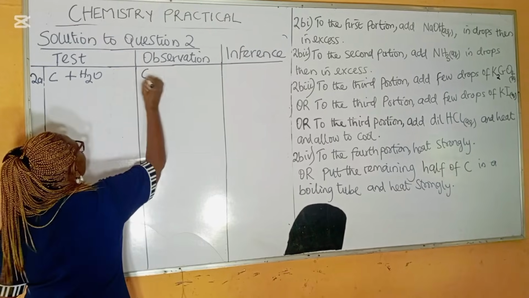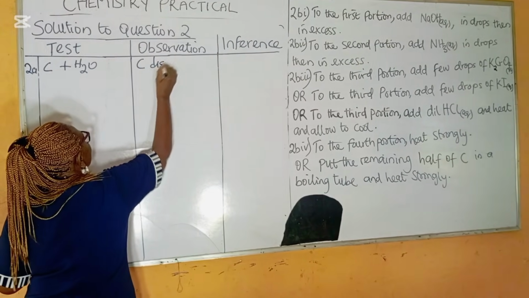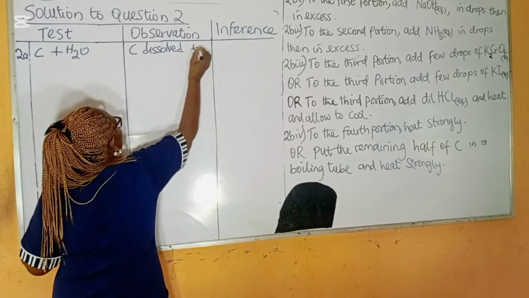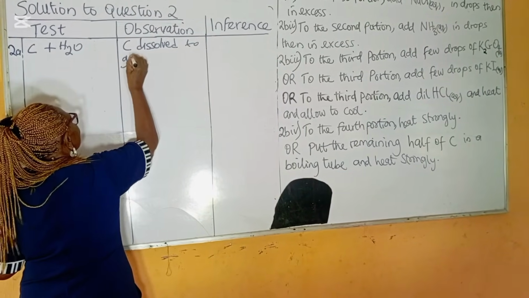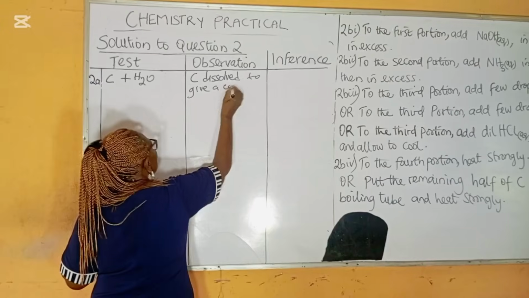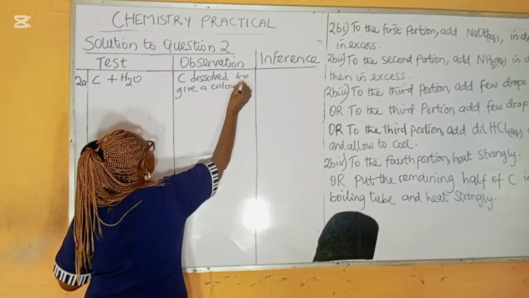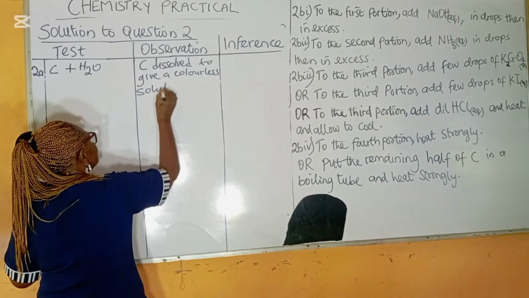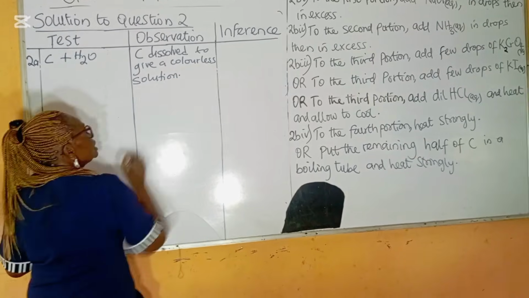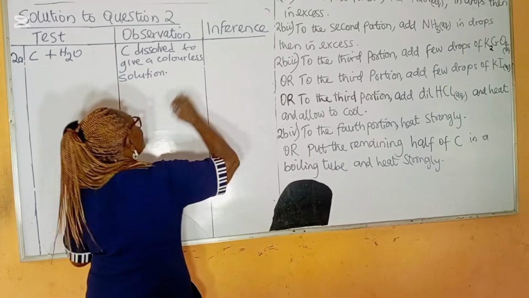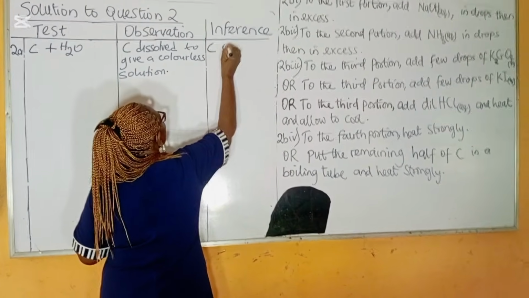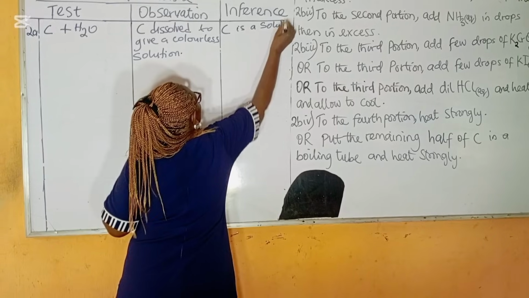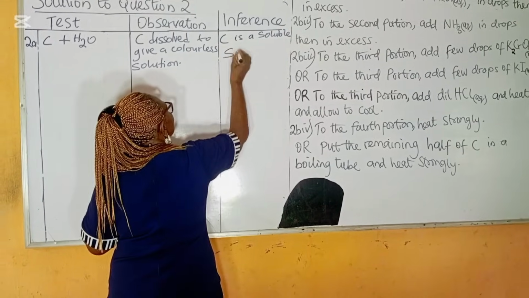We now say that C dissolved to give a colorless solution. That's it. So what do you have to infer? C is a soluble salt.